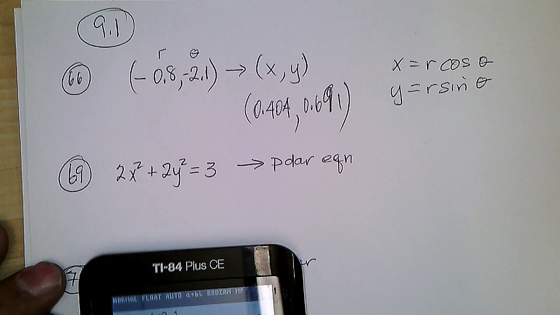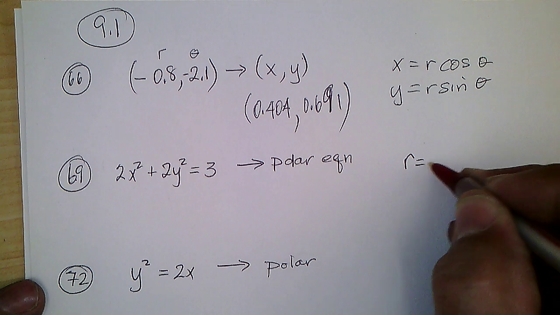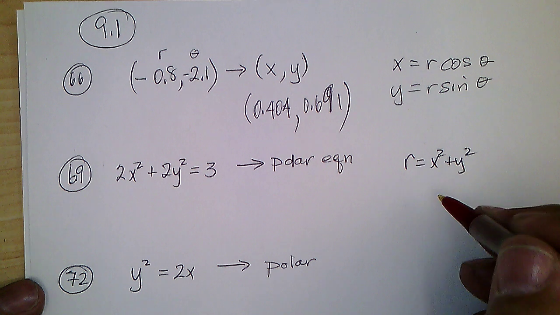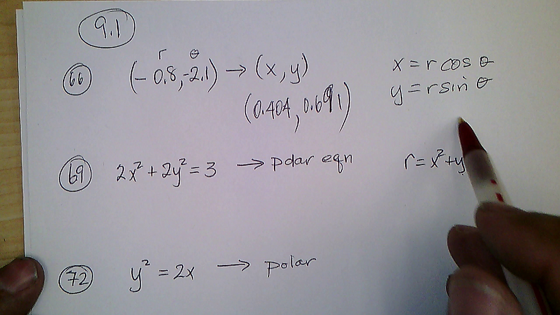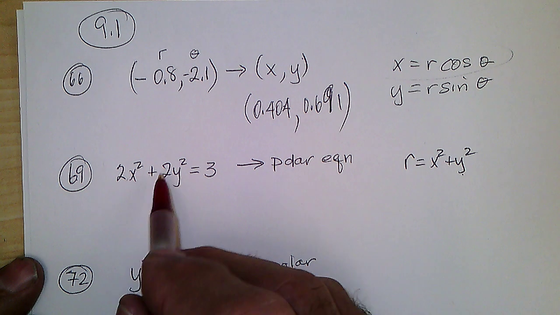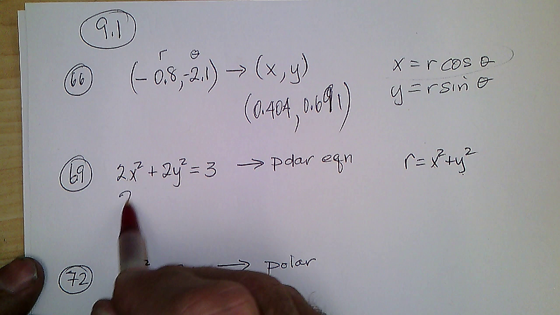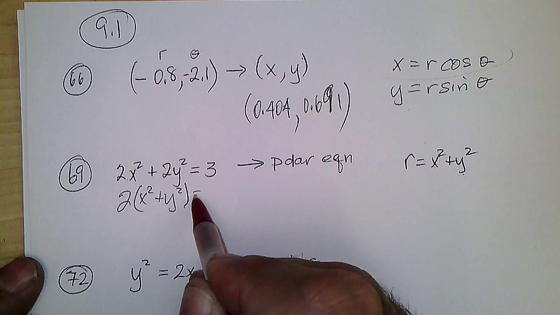Next one. Change it to polar. Well, we know r squared is equal to x squared plus y squared. So we have 2 times x squared plus y squared.